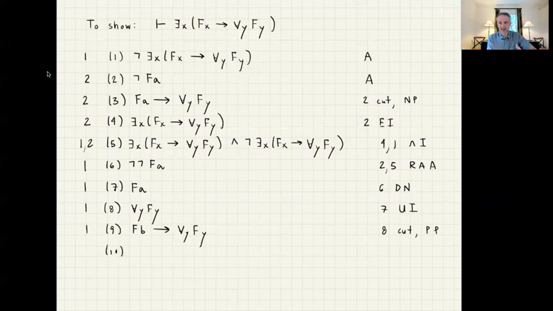Okay, now once again, I have a contradiction with line 1, but now in this case, there's no auxiliary assumption. It's line 1 leads to the negation of line 1. So line 1 is going to be self-contradictory. So there exists x such that if Fx, then for all y, Fy.